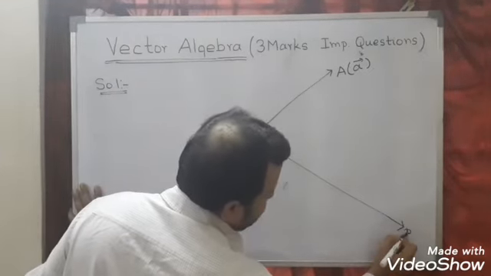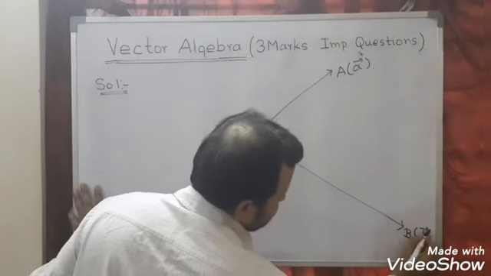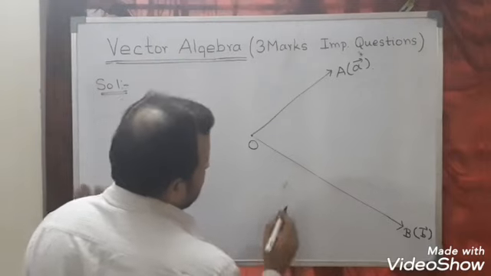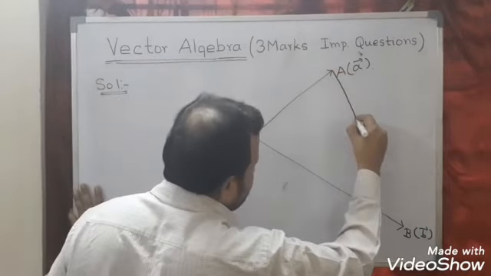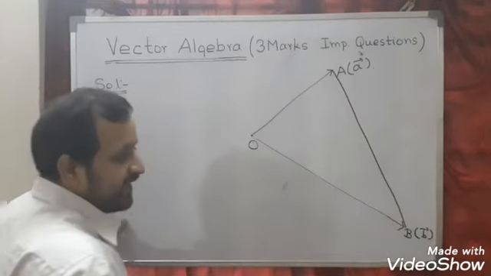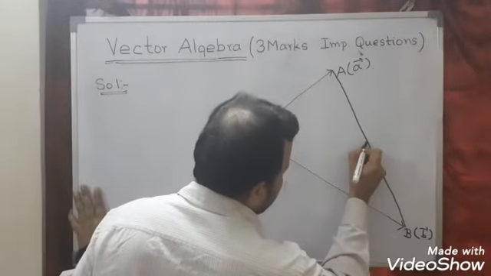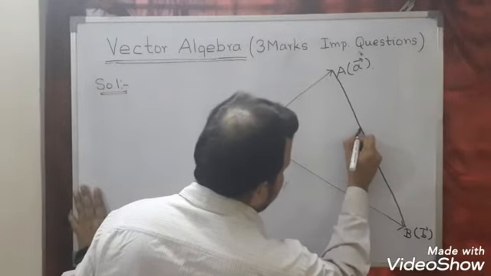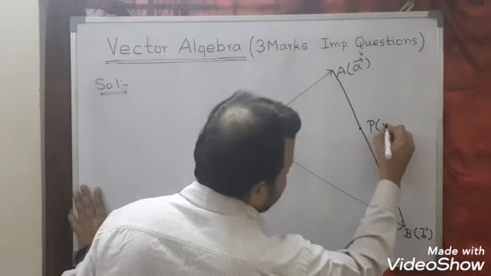Let us take this as B, whose position vector is vector b. Right? So one point I am taking anywhere on line AB. Let us take this as P, whose position vector is vector r.